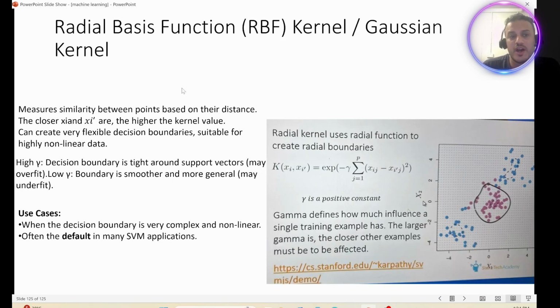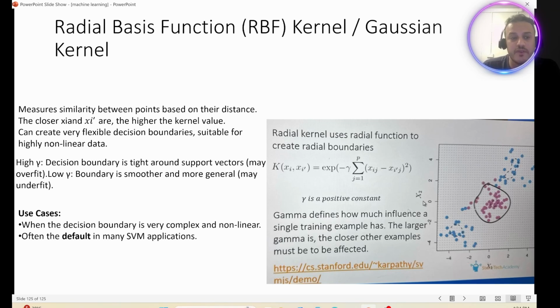And the last one we have is the radial basis function. This one uses the Gaussian radial functions to classify our data. Here we have gamma, which defines how much influence a single training example has. If you have a higher gamma, the decision boundary is tight around the support vectors.